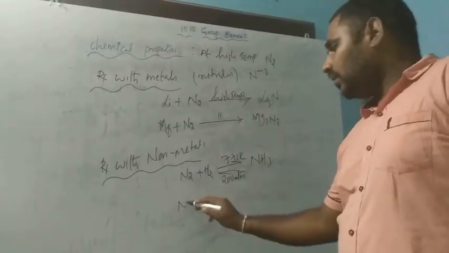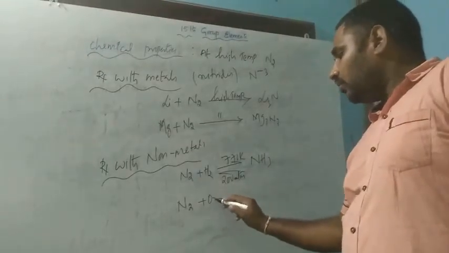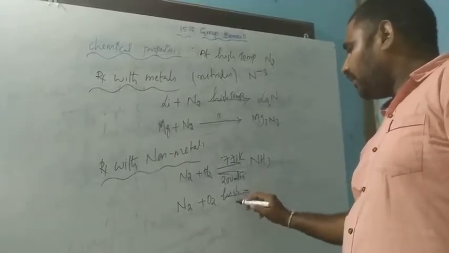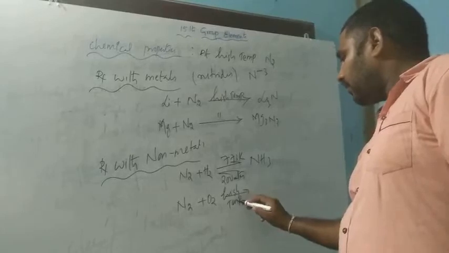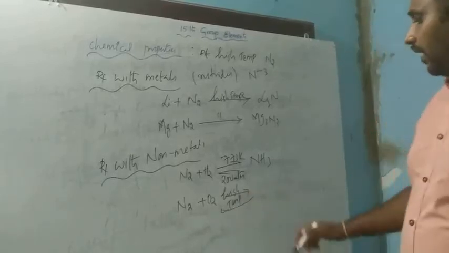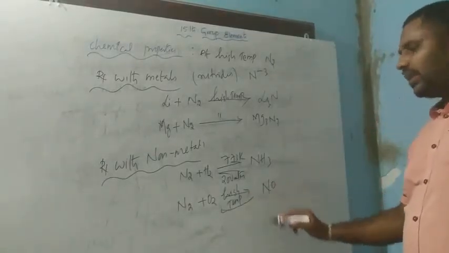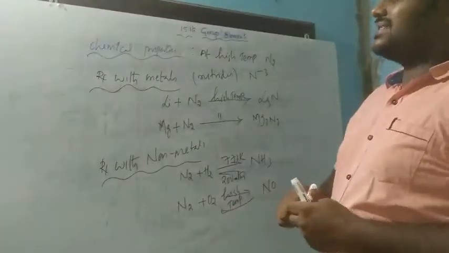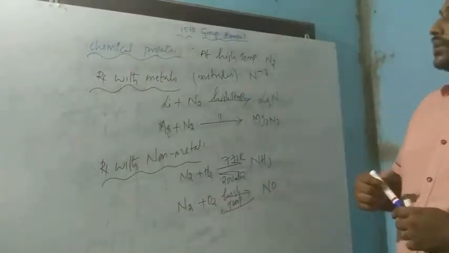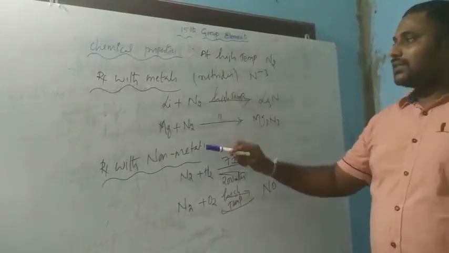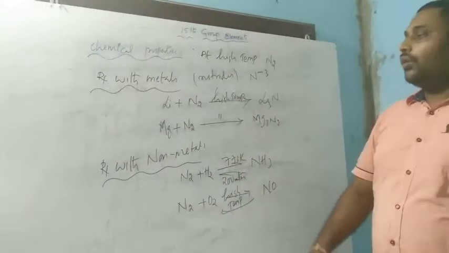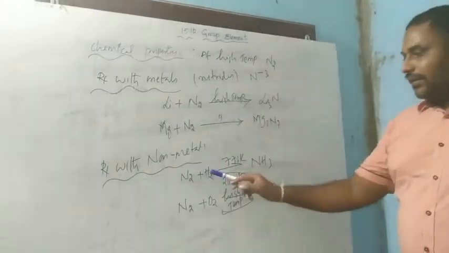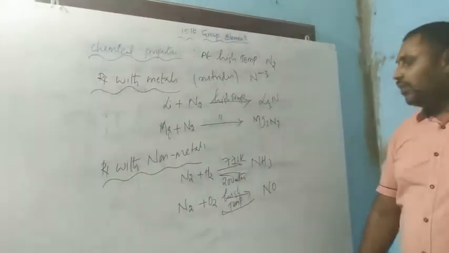And one more is N2 plus O2. It is also at high temperature. It is a reversible reaction. It gives nitric oxide. So these are some of the chemical reactions of nitrogen: reaction with metals and reaction with non-metals. Metals form nitrides, and non-metals like hydrogen and oxygen form the respective compounds.